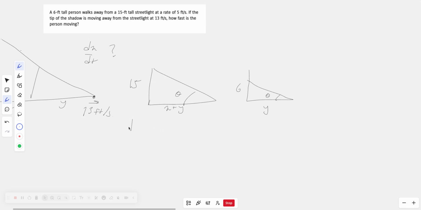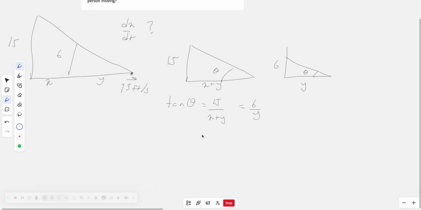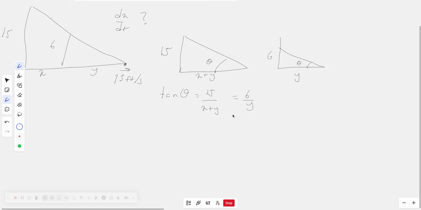So now tan theta is equal to 15 over x plus y, which is also equal to 6 over y because the triangles are similar. And we can use this ratio to solve for the variables that we need to in this case.